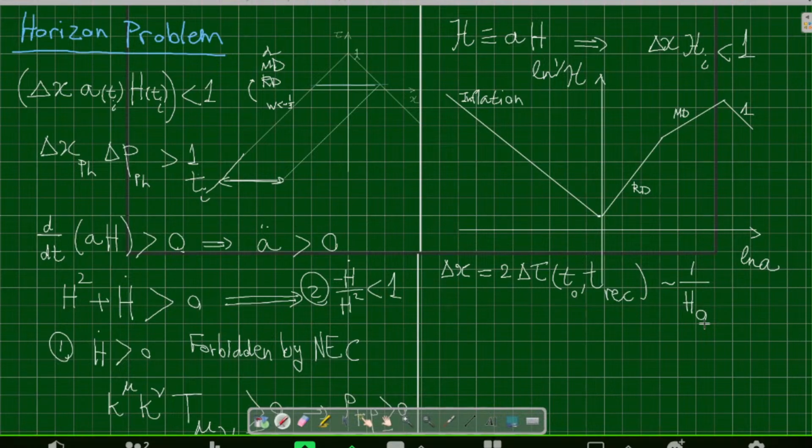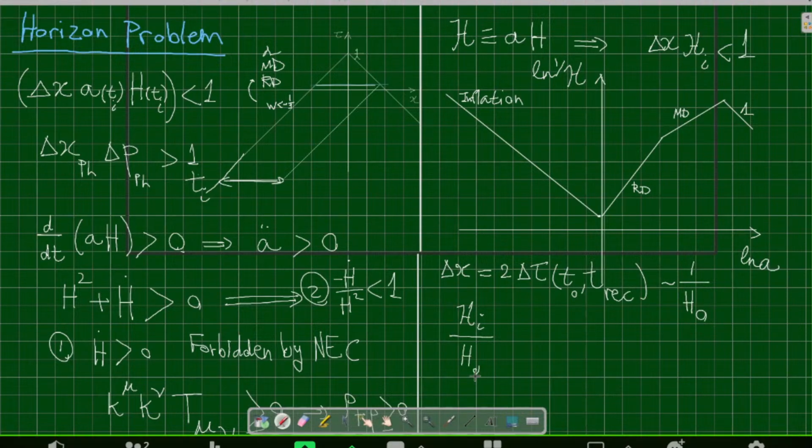Okay, so now what we want to happen is that at the beginning of inflation, or at inflation, to be long enough so that at some early time Hi divided by H0 is less than 1.